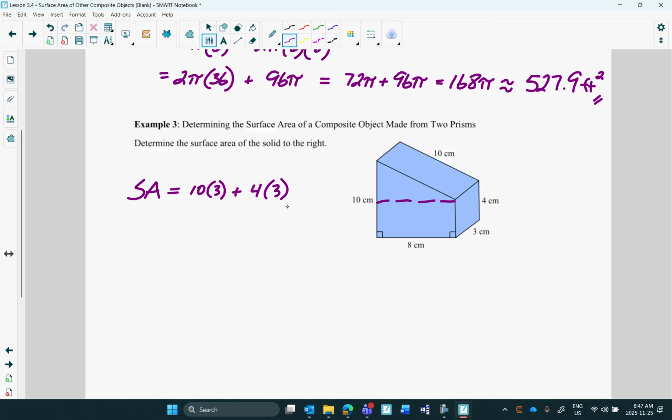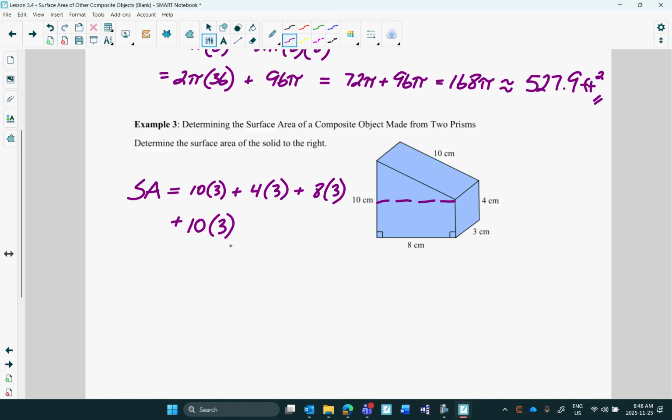How about the one on the bottom? 8 times 3. How about the one this way? 10 times 3. Notice I did all the rectangles first and saved this one for last.